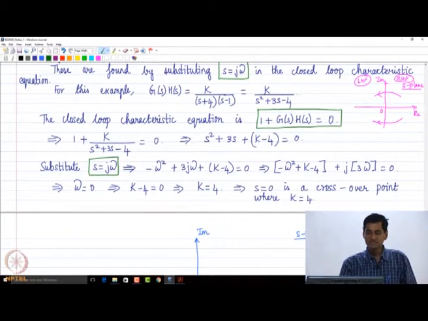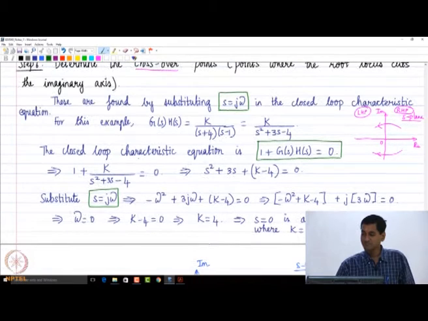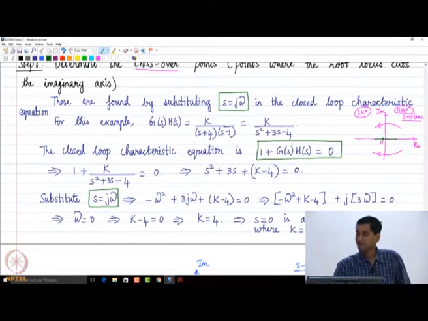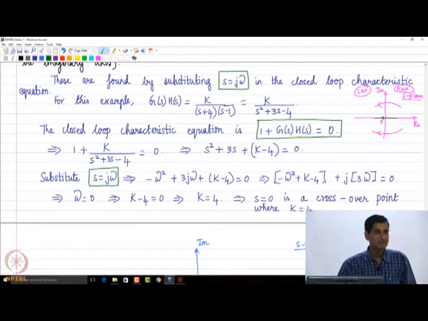So, the structure is of the form j omega. Okay, omega can be 0 because we can also have the crossover point at the origin, right. For example, we can have a crossover happening from the positive real axis to the negative real axis and vice versa. You can have crossover on the real axis also, right.